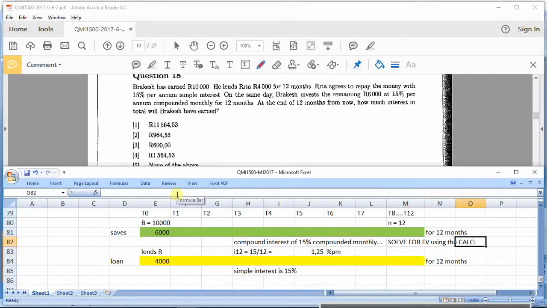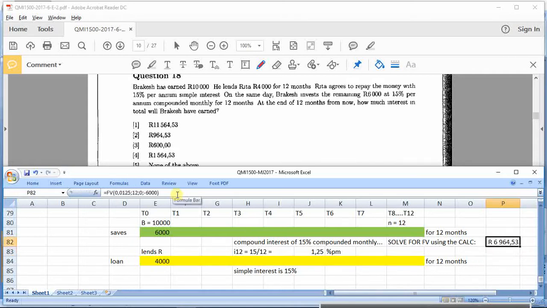Okay, let's see what we get. Right, so FV, did you do it? Yes. Okay, so the rate is 0.0125. n was 12 months. PMT, no payments. PV, 6,000.